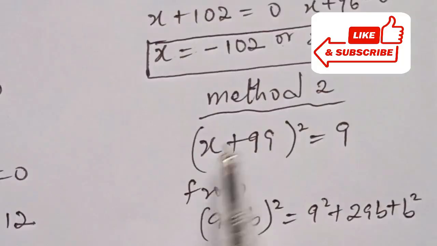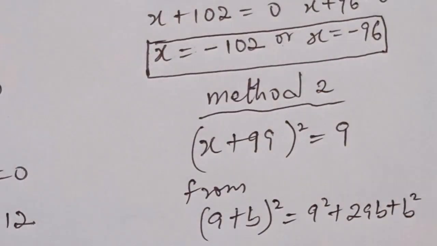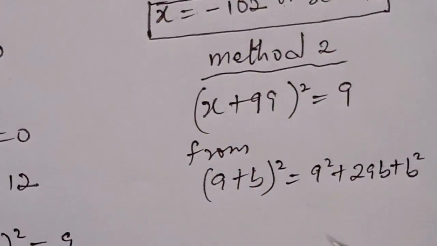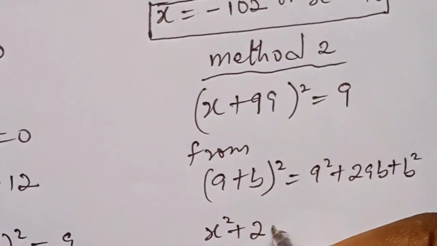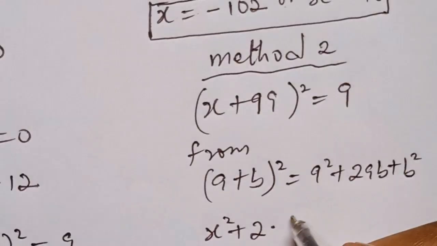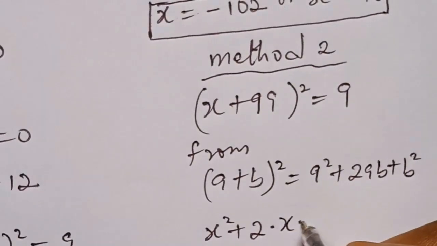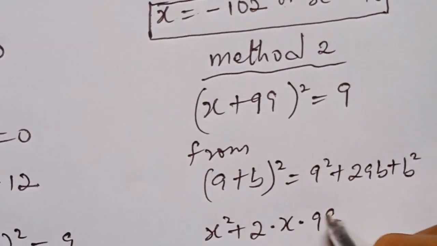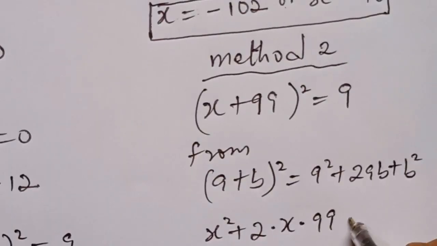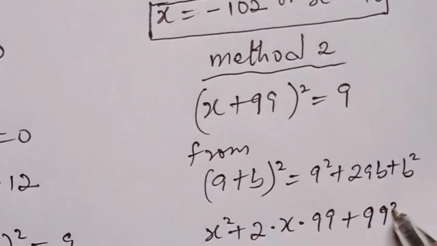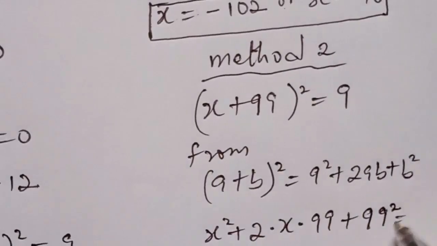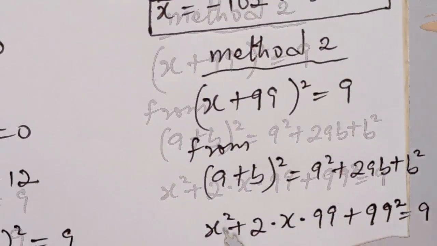So we put the left hand side in this form, and that becomes x squared plus 2 multiplied by x multiplied by 99, then plus 99 squared, everything equal to 9.